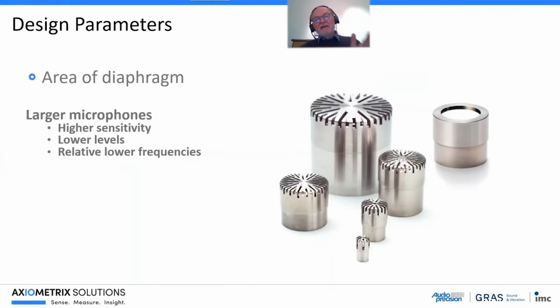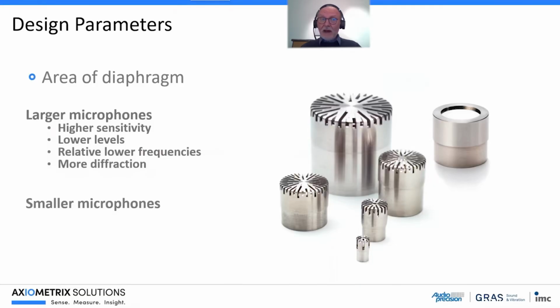They can measure relatively lower frequencies, and they will disturb the measurement field more than a smaller microphone, so we will have more diffraction from the microphone because of its size.